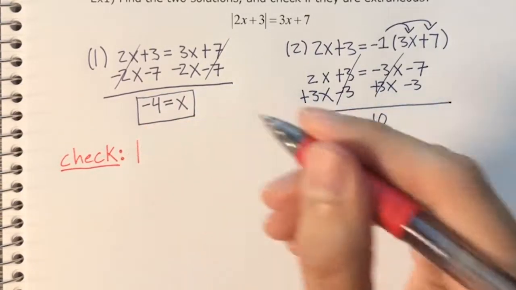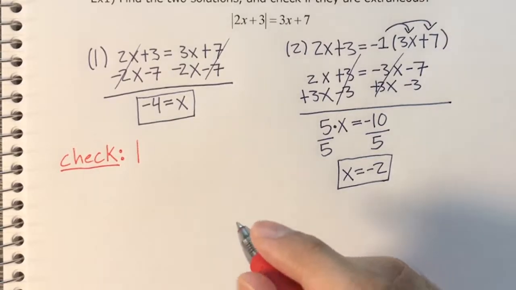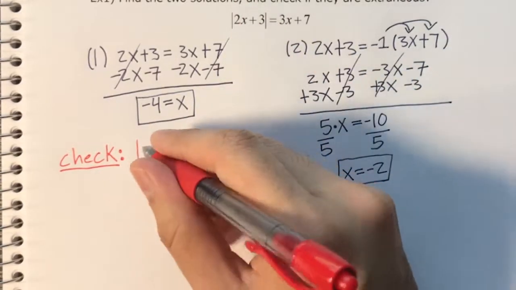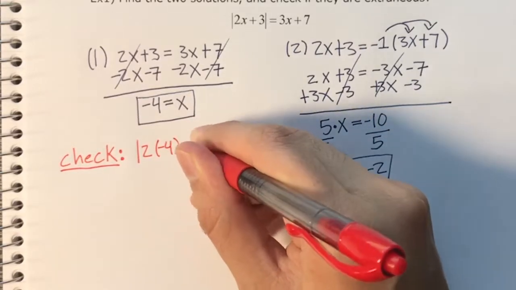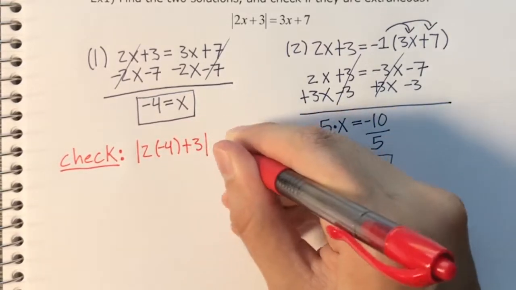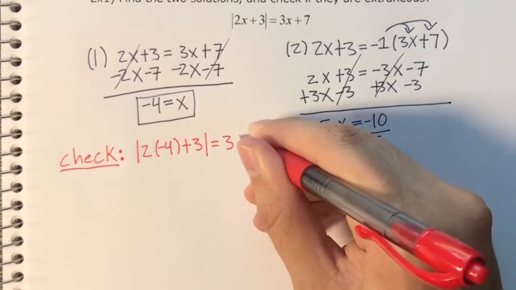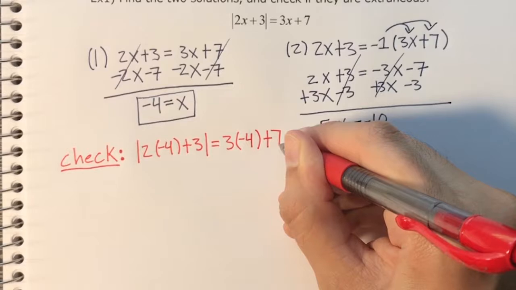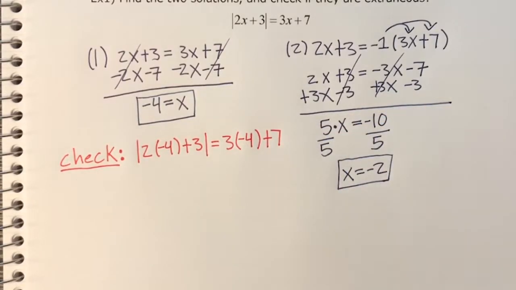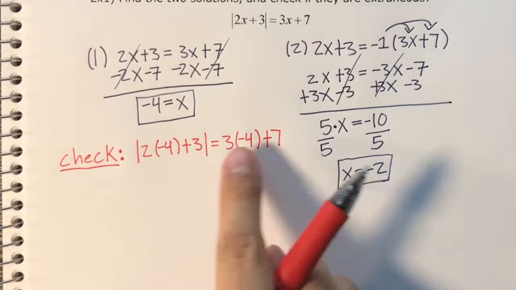So over here we got a 2, but instead of an x, I'm going to put a negative 4 plus 3 equals 3. Instead of x, we're going to put negative 4 plus 7. We got to see if these two expressions are equal.